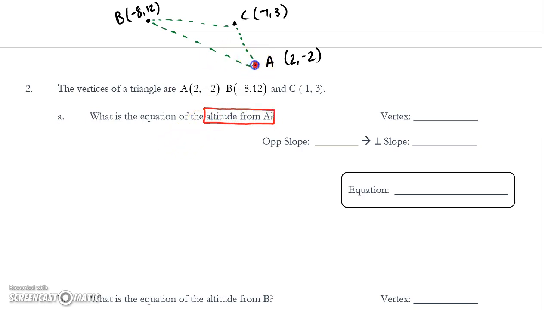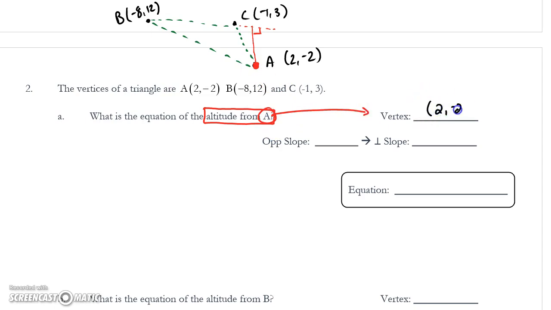That means start at A and go perpendicular. Now, this one's a little bit funky because my altitude actually would be outside my triangle, which is okay, because this point does not matter. What matters is this point. That's the vertex. A is the vertex I need to use.